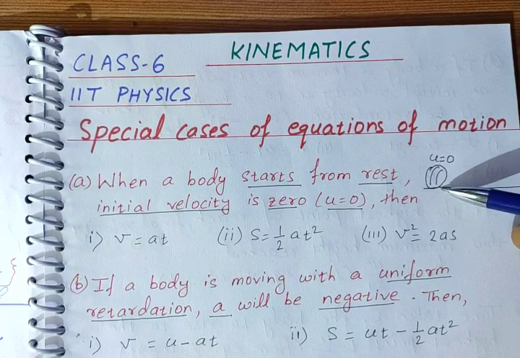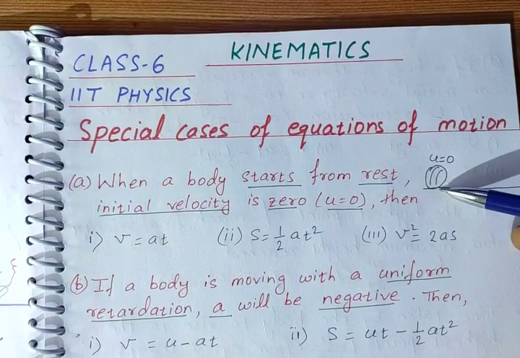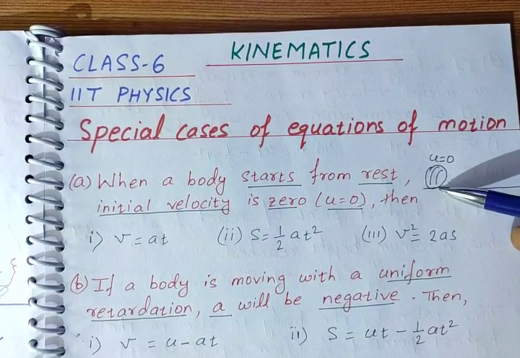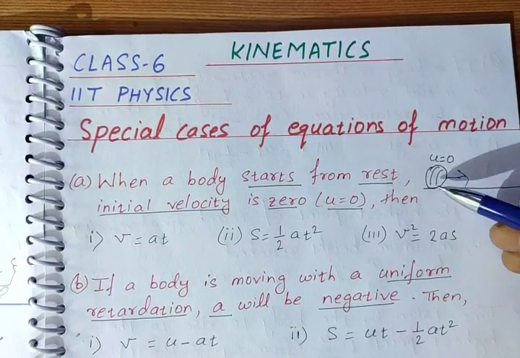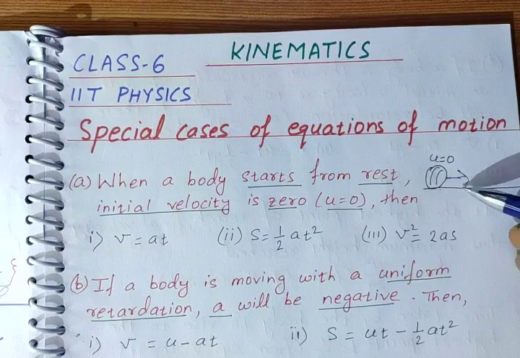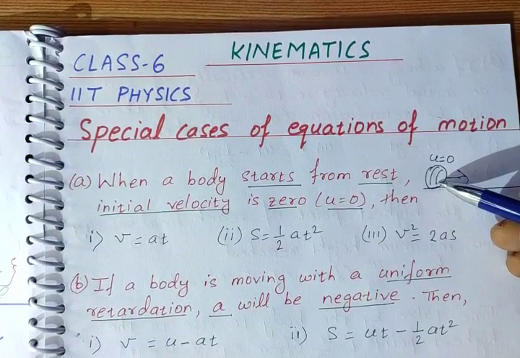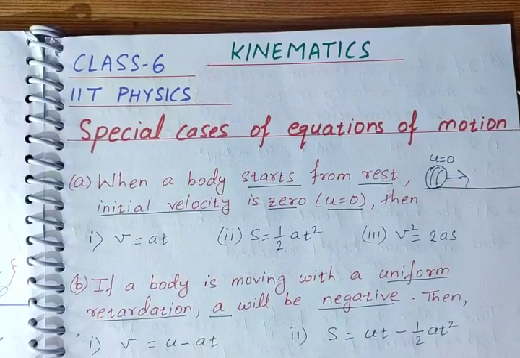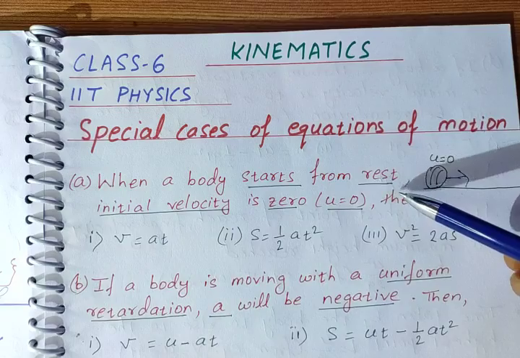The ball is not moving, it is resting in one place. So as it is not moving, its velocity is 0. So whenever a body starts from rest, its initial velocity, starting velocity, is 0.